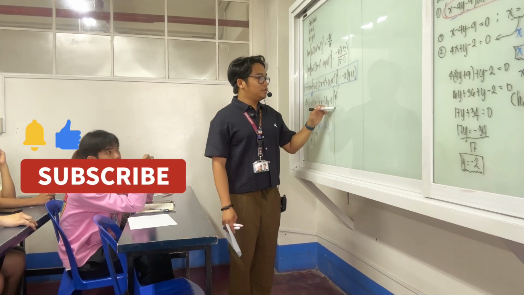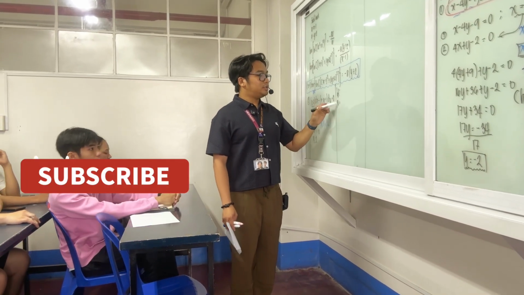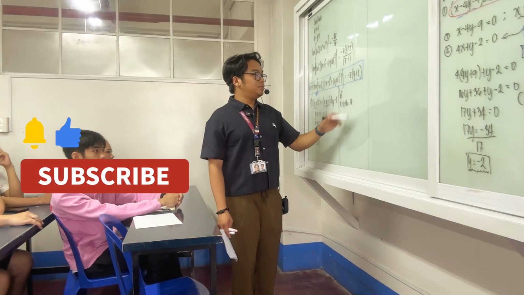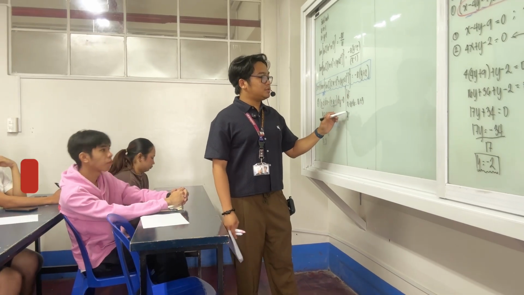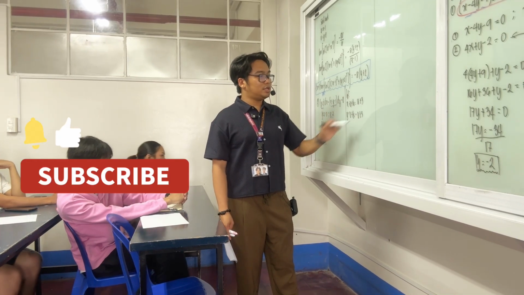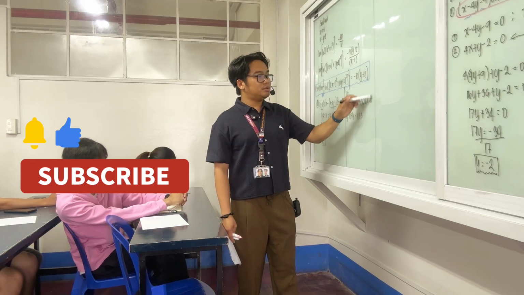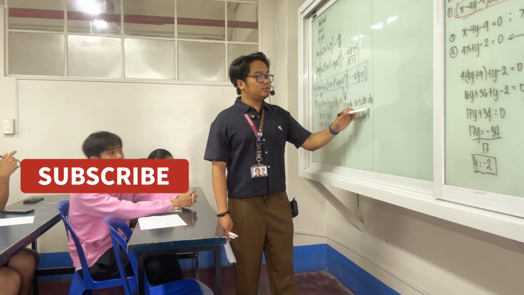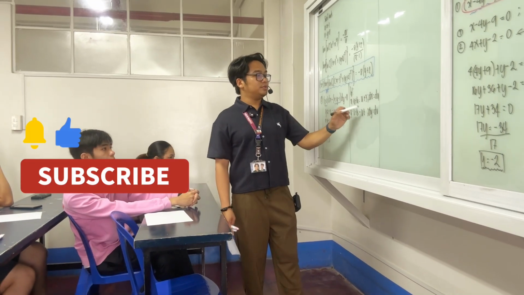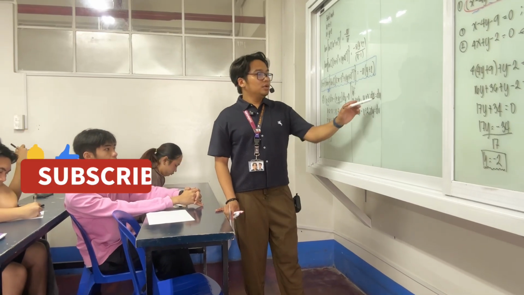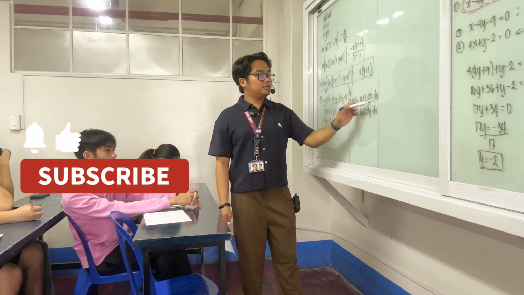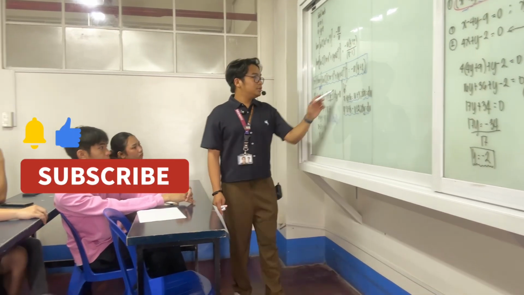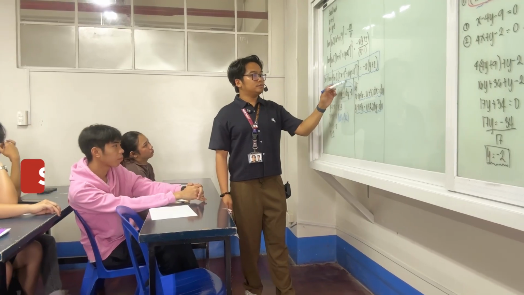So we let, again, x be equal to u plus h, which is u plus 3, then y is equal to v plus k, or v plus 2. And again, this would just be dx equal to du, and dy equal to dv. Okay? We substitute again to the original DE.